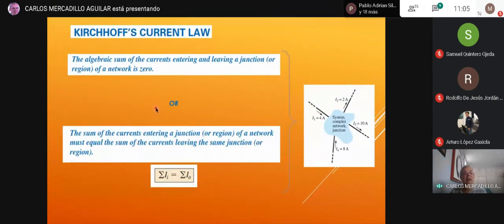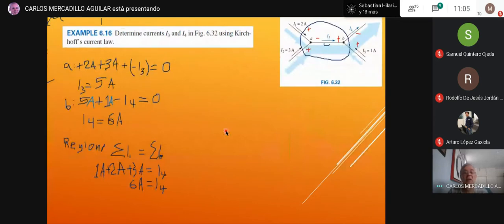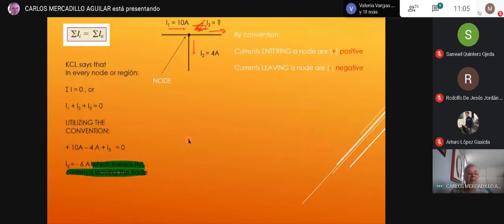Y por otro lado, dice que la suma algebraica de todas las corrientes que entran y salen de una junta o región de una red es 0. Esto se debe de escribir. Well, in the next slide, I'll show it to you. And this is what says I1 plus I2 plus I3 plus I4 plus I5, whatever, will equal 0.